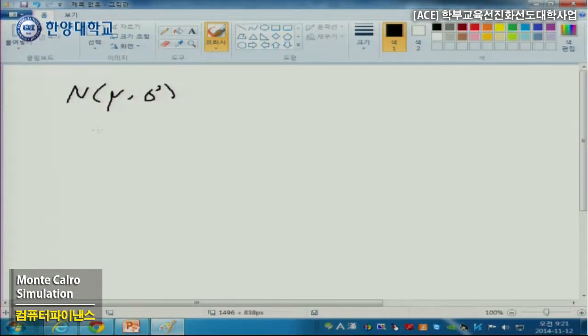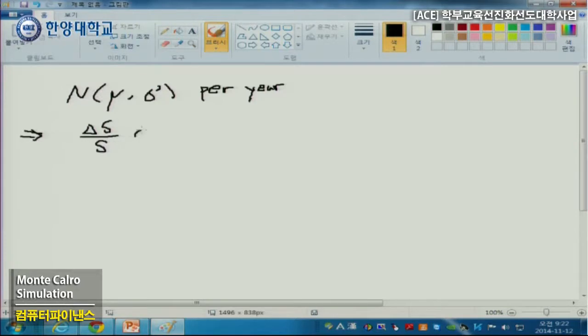On the annual basis, let's say S is the stock price, which means we are assuming that this is per year. So mu is our expected stock return.